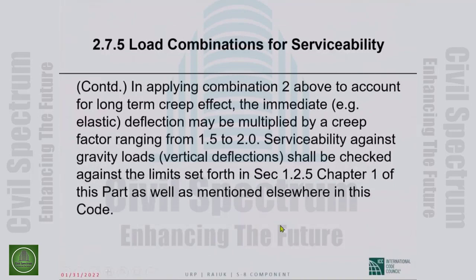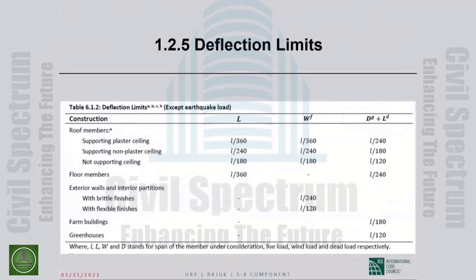Okay, so short-term load combination is dead plus live. Long-term would be dead plus half of live, and serviceability against gravity load shall be checked against the limits set forth in this table. Now, this table has, in addition, limits on deflection due to wind as well.